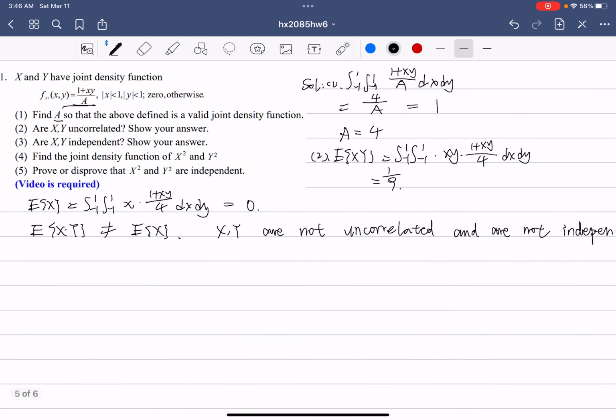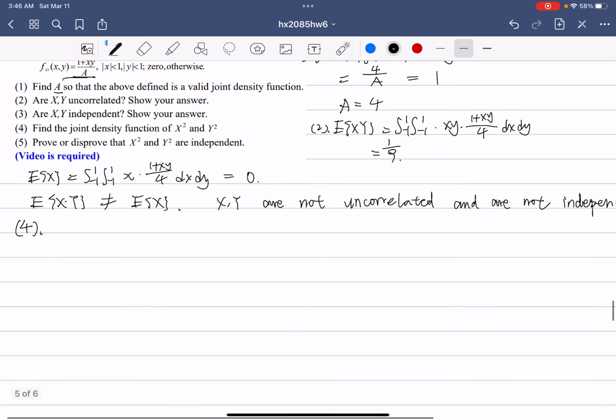Now let's do the next part. We need to find the joint density function of x squared and y squared. First, we let z equal x squared and w equal y squared.